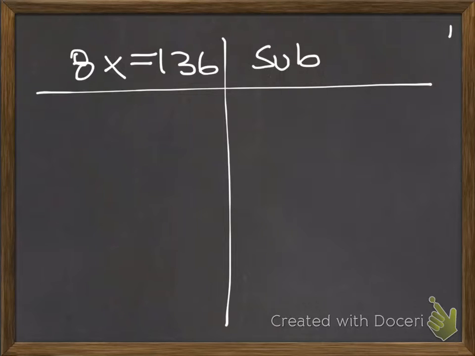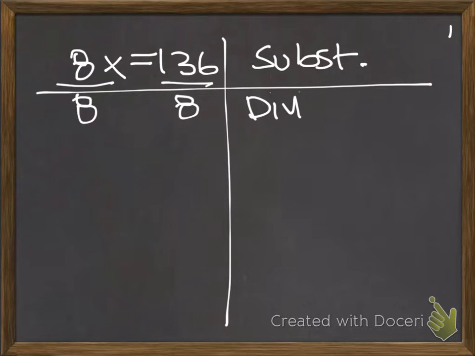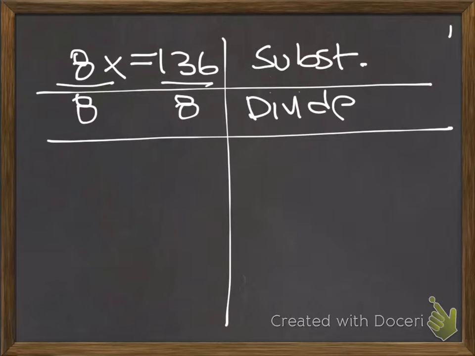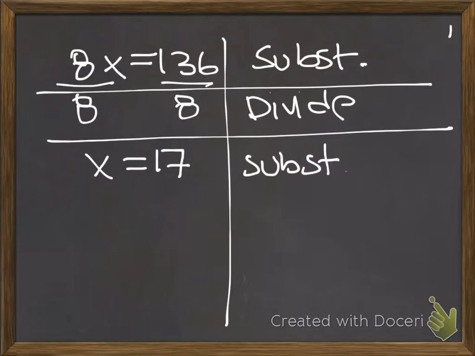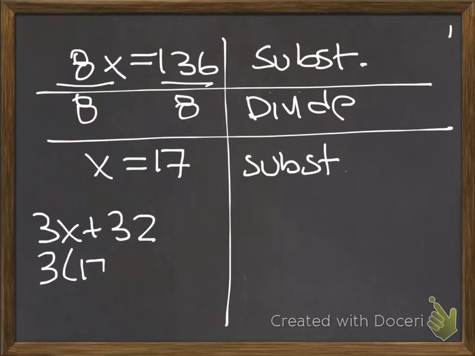That's substitution or simplify. And then we divide again to solve. And we get x equals 17, which is the substitution property. And then you're going to have 3x plus 32 that you're going to have to plug 17 into.